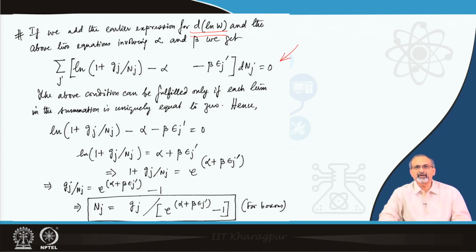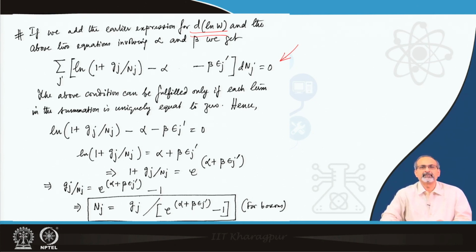That means, you now have set up the constraint maximization problem fully, and you can very well understand that if this sigma expression is going to go to 0, then for every level of j, every value of j that contributes in this summation, you need to have that expression going to 0 uniquely.